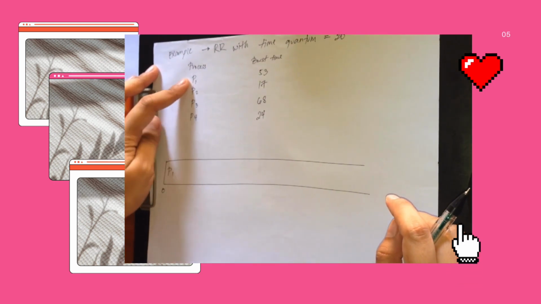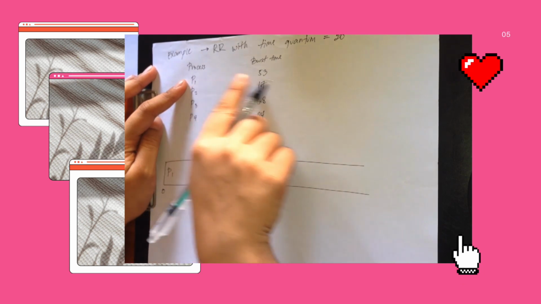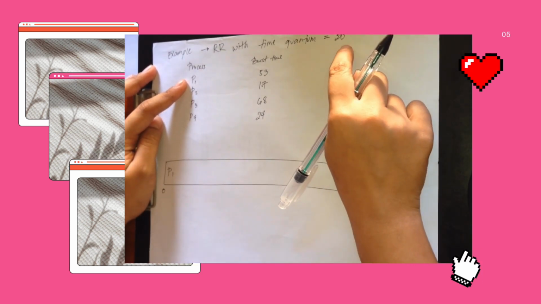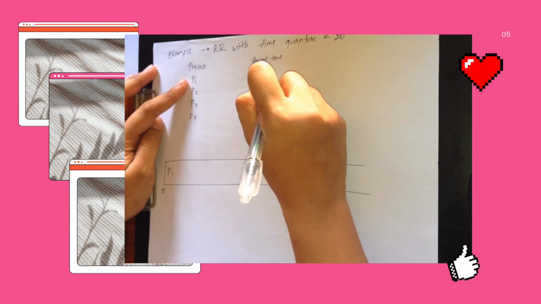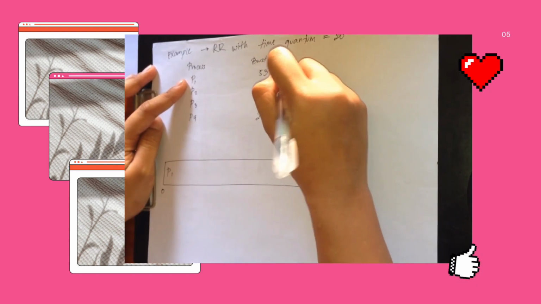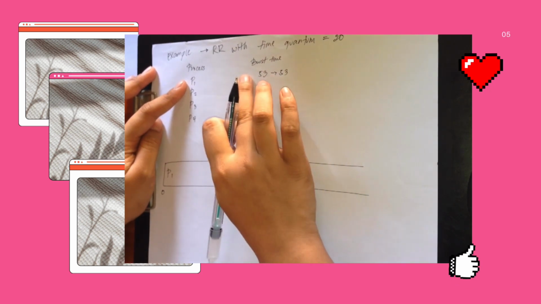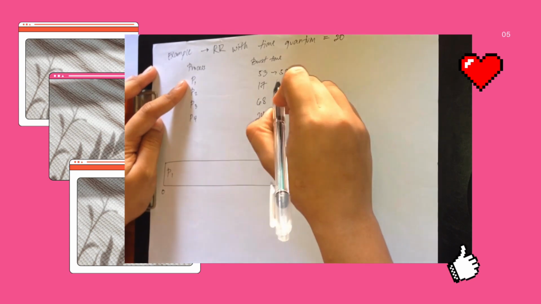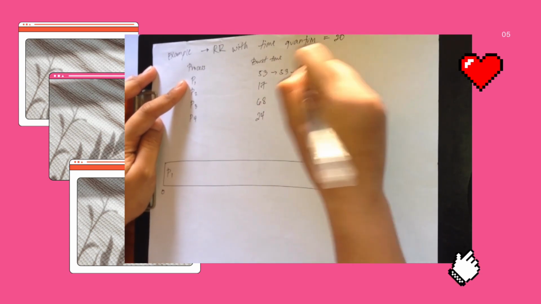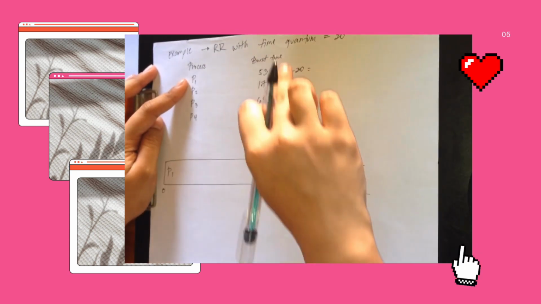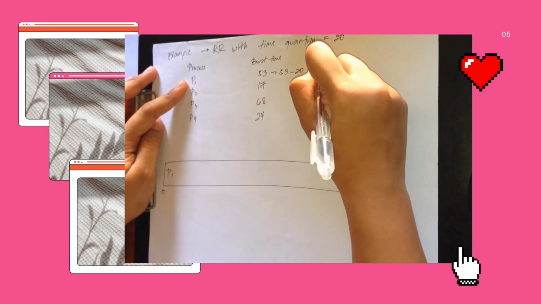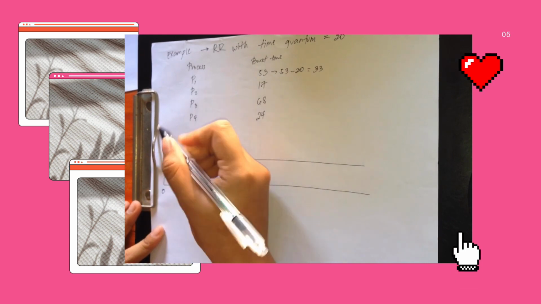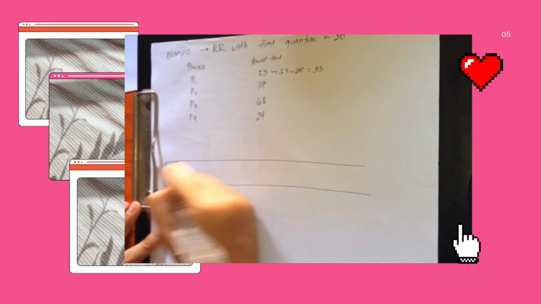For our P1, we have 53, but our limited time is only 20. So, we need to subtract the quantum time from P1: 53 minus 20 is equal to 33. And our first value in P1 is 20.